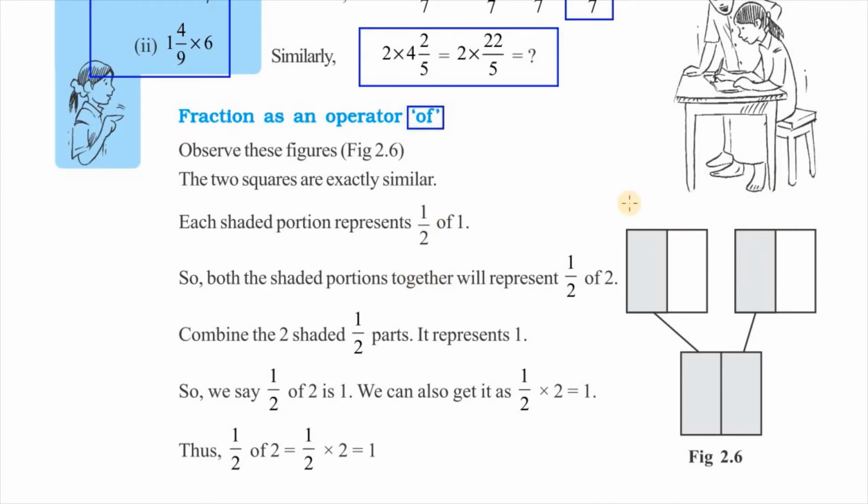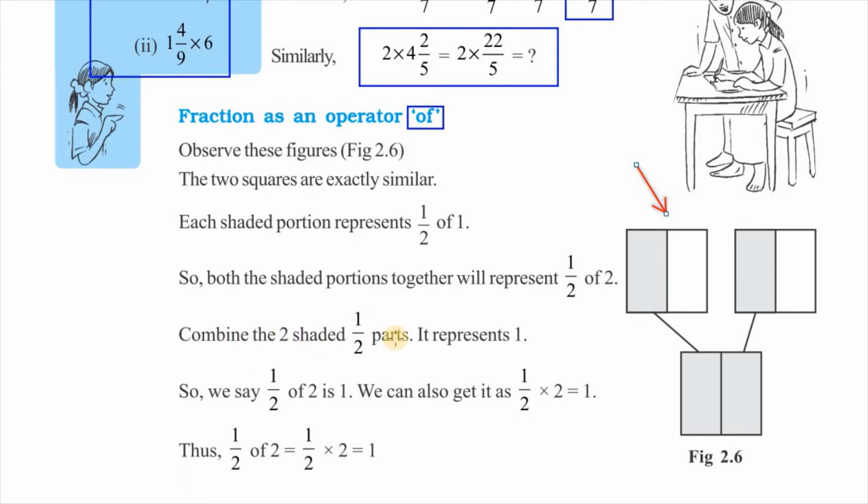So what they mean is, here we have one square and this shaded portion represents half of this square, half of 1. And even here we have one square, it represents half of 1. So both the shaded portions together will represent half of 2. So if you take this and this together, it is just saying half of 2 squares.